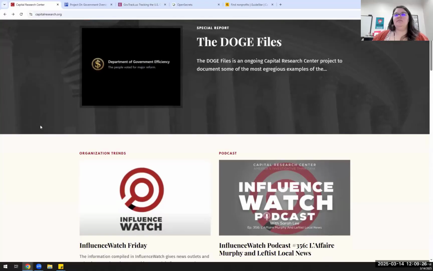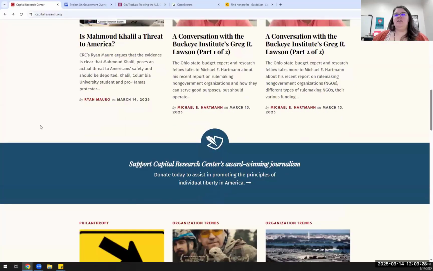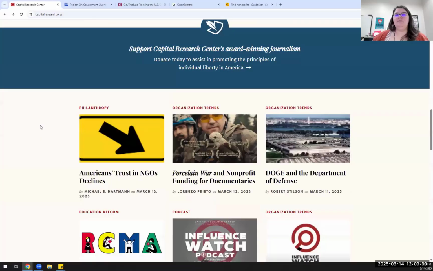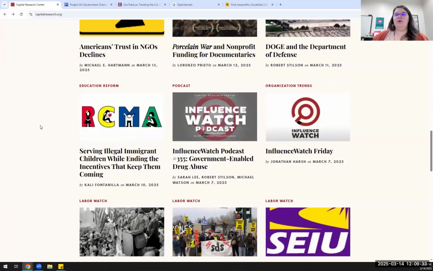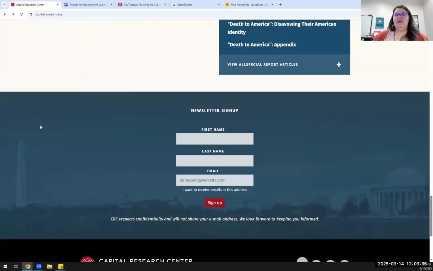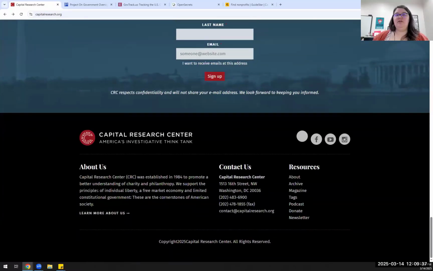And if we scroll down to the bottom, we'll see that there is some information, and it's definitely a little more right-leaning in this case. And at the very bottom under About Us, it says that it was established in 1984 to promote and better understand charity and philanthropy, right? So it's not necessarily looking at government so much.